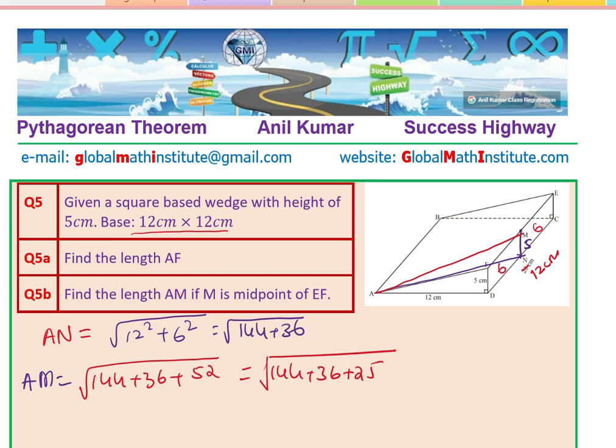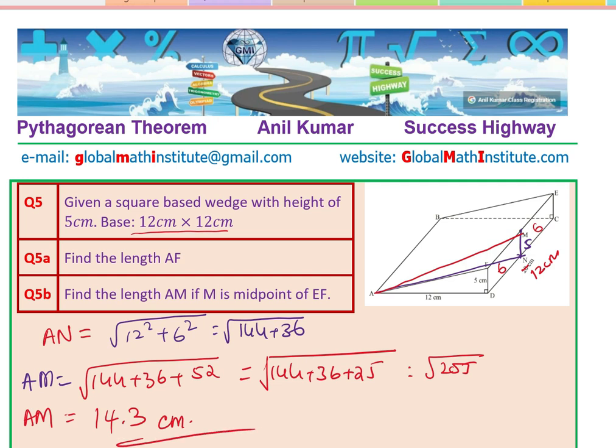That gives you 205, and the square root of this is the decimal value of AM, which is square root of 205. 14.31, I write this as 14.3, the units being centimeters.